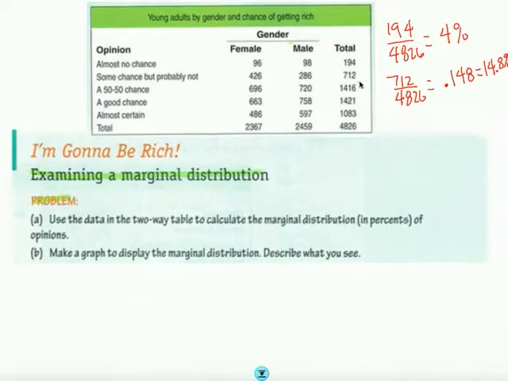Just to give you an idea about the rest of them, 50-50 chance would be 29.3%. A good chance would be 29.4%. Almost certain we talked about is 22.4%. So now we have a percent for each one of them.